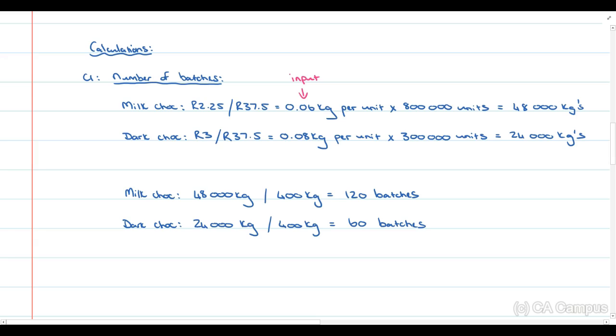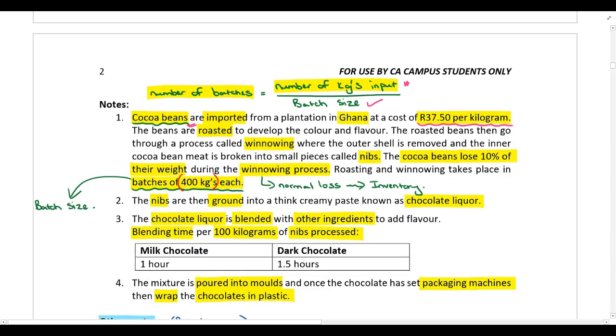Right. Please note, guys, when you are performing this calculation over here, this is based on the number of kilograms of cocoa beans that are input into the production process. So before the normal loss, because if you go back to the information provided, during the winnowing process, the normal loss happens. So after this process over here, there will be a 10% loss, and for all of the other processes, obviously, we won't have the same number of kilograms because 10% of the kilograms will be lost.